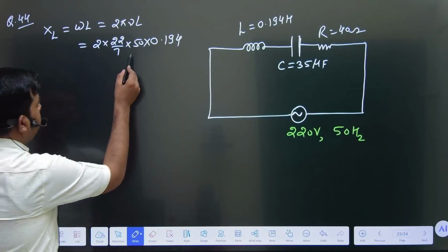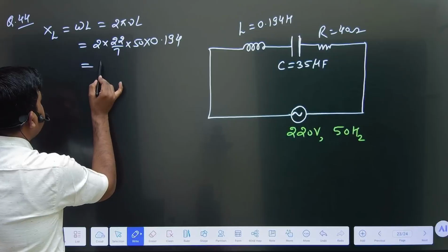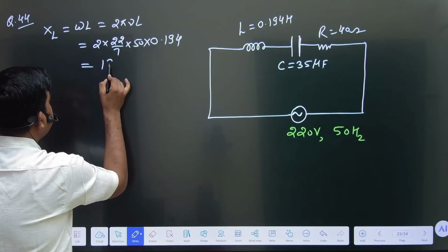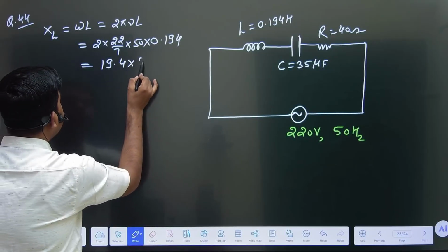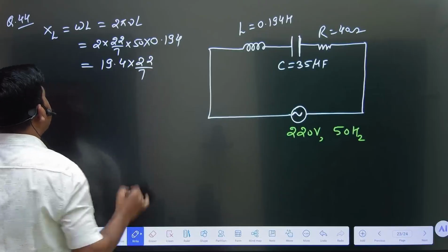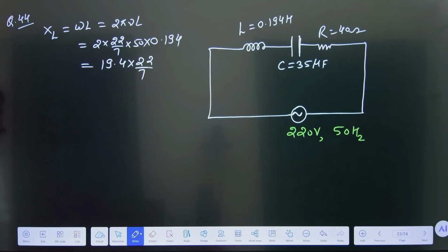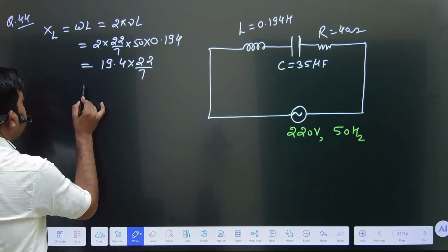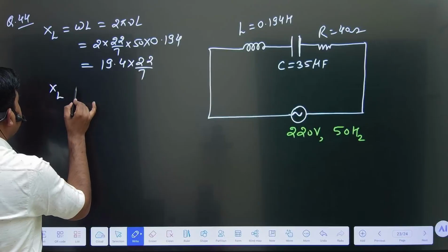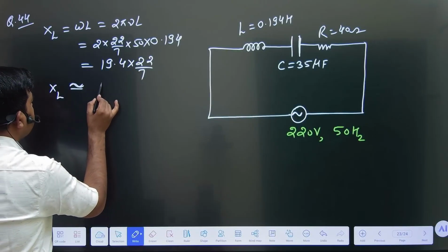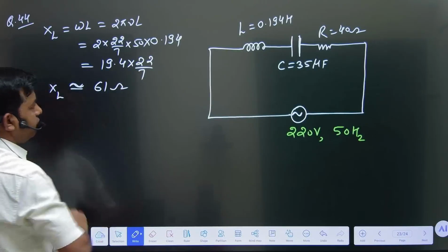Clear to you? We have to multiply 50 into 0.194, which is 100 multiplied by 19.4 into 22 by 7. Clear to you? Okay.